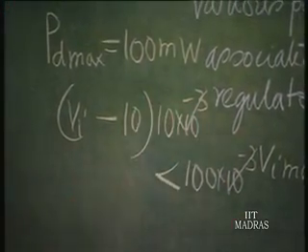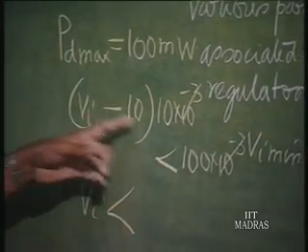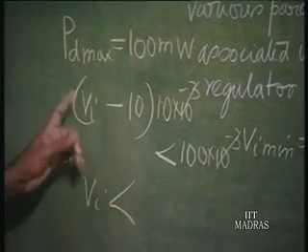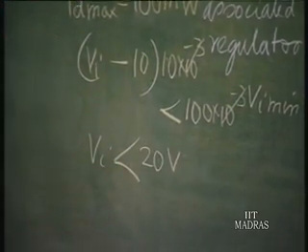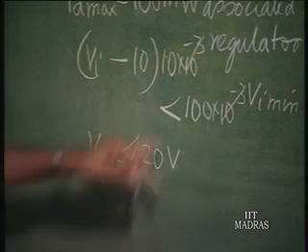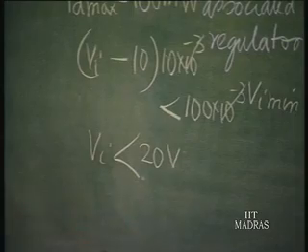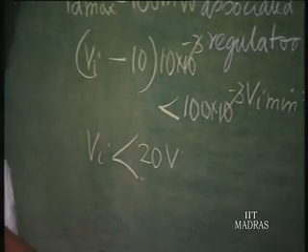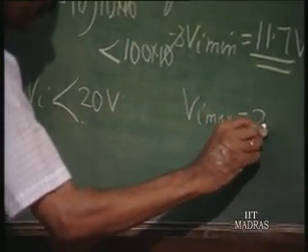So, we get V I minus 10 should be less than 10. So, 10 plus 10, 20 volts. So, V I maximum should be 20 volts.